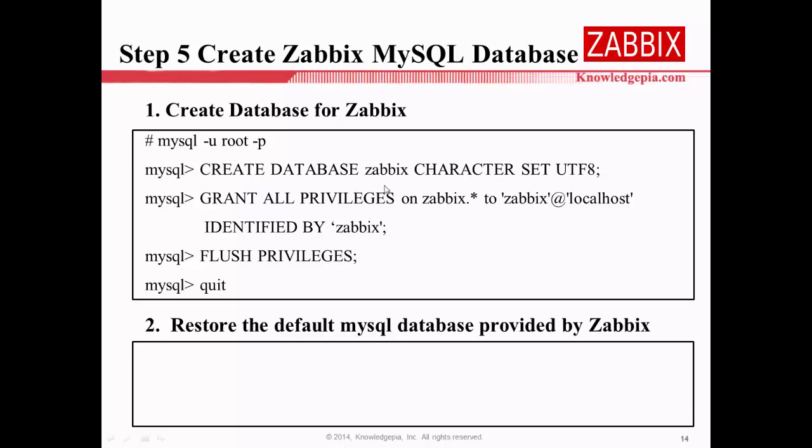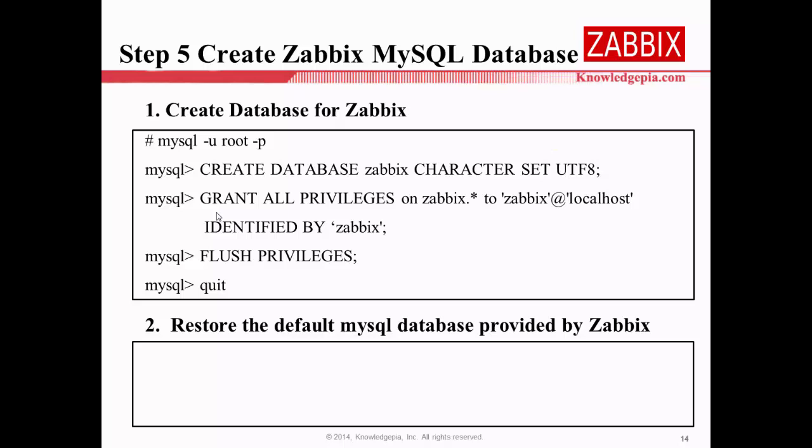Create database zabbix character set utf8. And after that, grant all privileges on zabbix.* to zabbix@localhost identified by 'zabbix'. Here the first zabbix means the database name, the second zabbix means the username, and here zabbix means the password. And after that, flush privileges, quit. Then you are successful to create the Zabbix database using MariaDB.